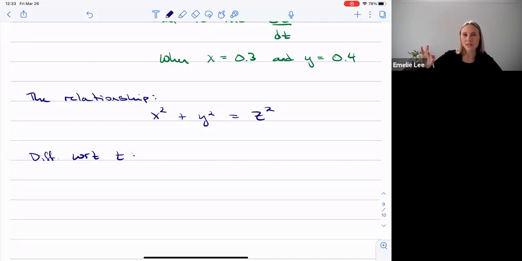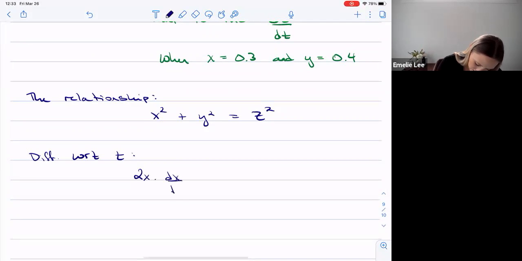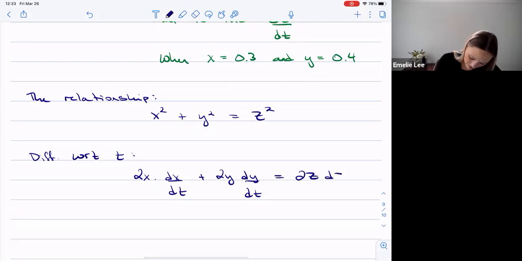Again, it's implicit throughout. So I get 2x times dx/dt, the derivative of the outside times the derivative of the inside, plus 2y dy/dt equals 2z dz/dt.